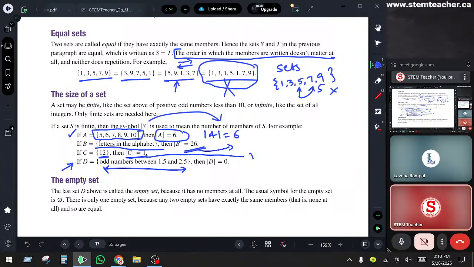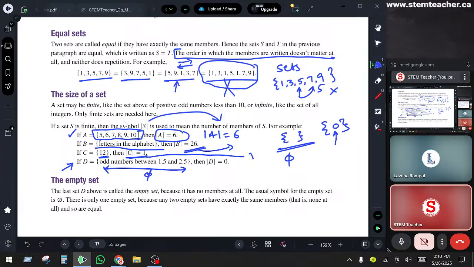Is there any odd number? No, so it is empty. This is the empty set. See, the empty set has a notation. If this is an empty set, is there any element? No, this is an empty set. Is there any element? No. There is the element 0.